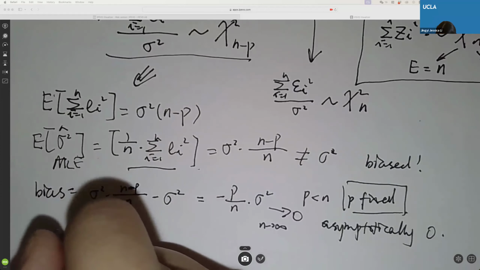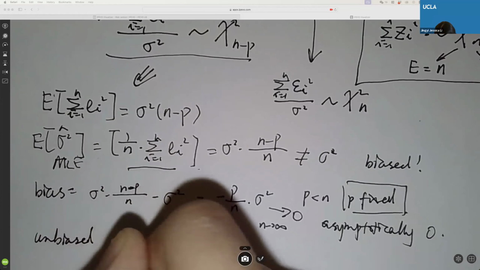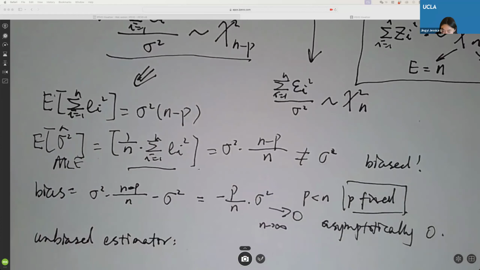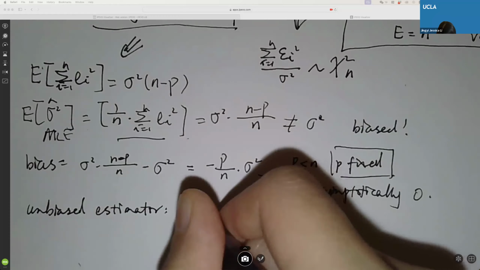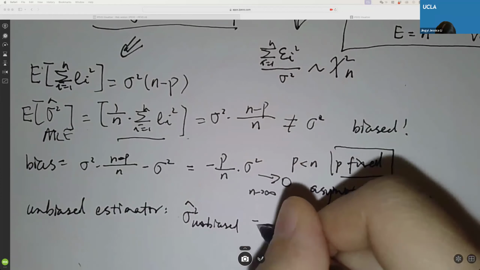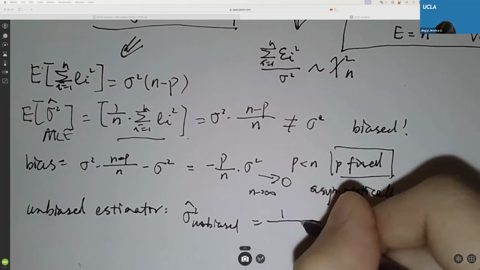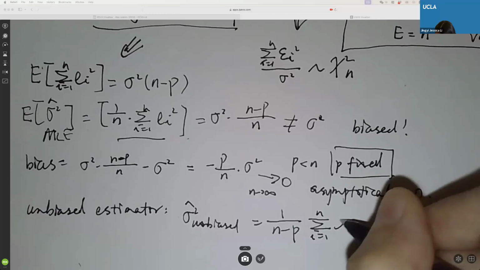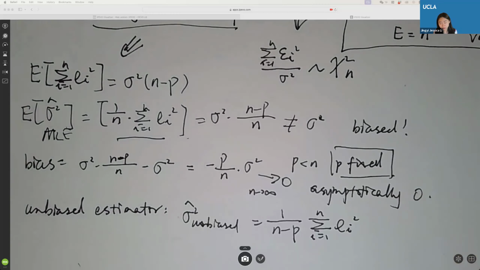So the finite-sample unbiased estimator can simply be defined as sigma squared. Maybe I'll just write unbiased here for information. It can be simply defined as 1 over n minus p instead of 1 over n times the sum of residual squares. If you define it that way, then you can immediately have an unbiased estimator.